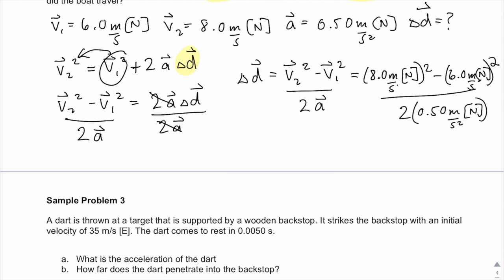All of the directions are the same, so we can proceed algebraically. Be sure to square each of these quantities in the numerator before you subtract them. If you do this correctly, you should end up with a displacement of 28 meters north.